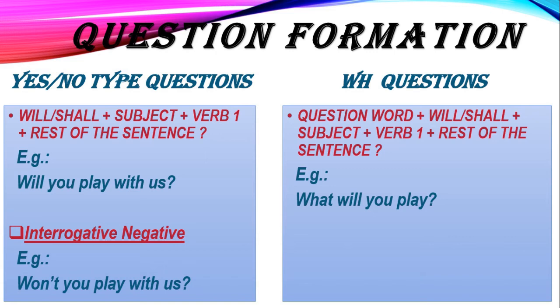Then, we should know how to make questions with question words. For that, first we have to place the question word, then will or shall, then the subject, then the first form of the verb, then the rest of the sentence. For example, what will you play?